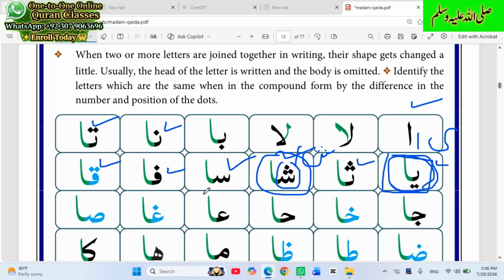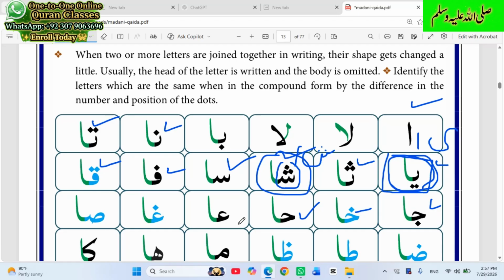Qaf, Alif. Jeem, Alif. Kha, Alif. Ha, bottom part of the throat.